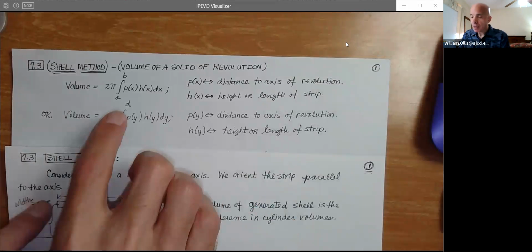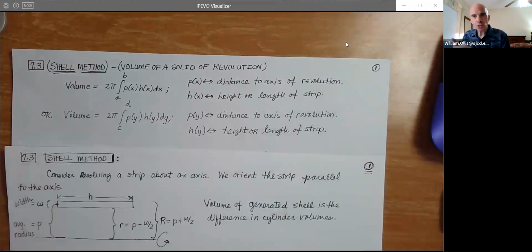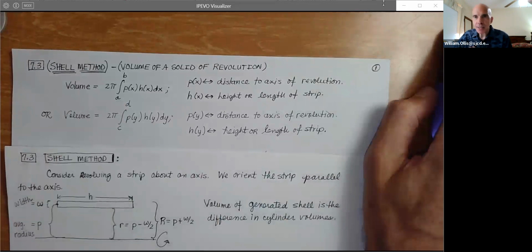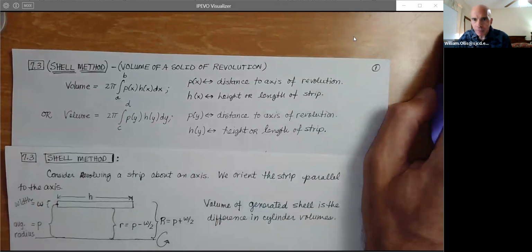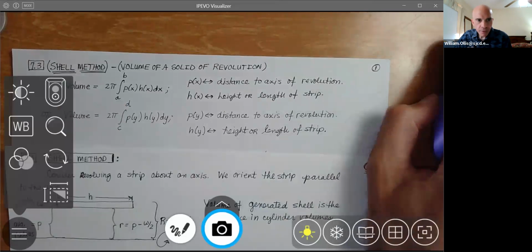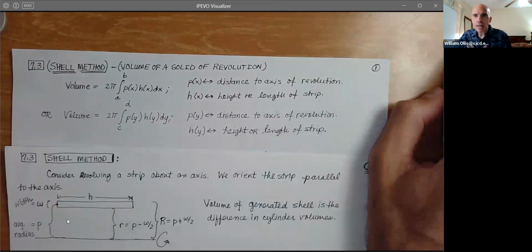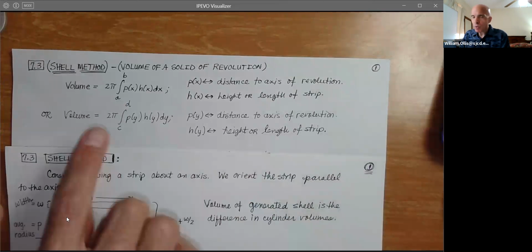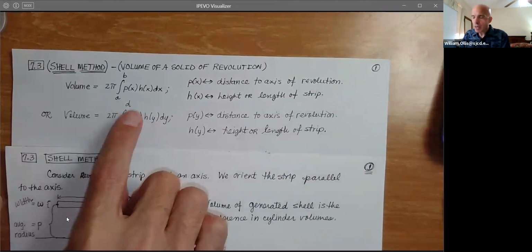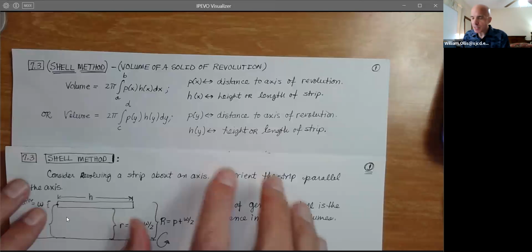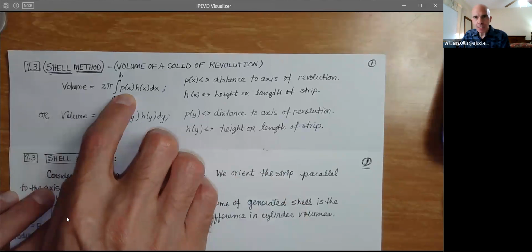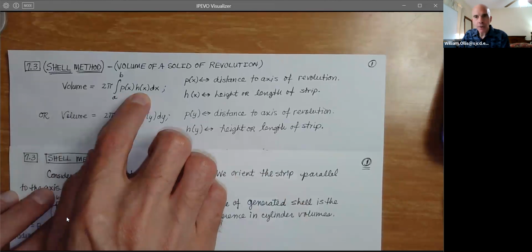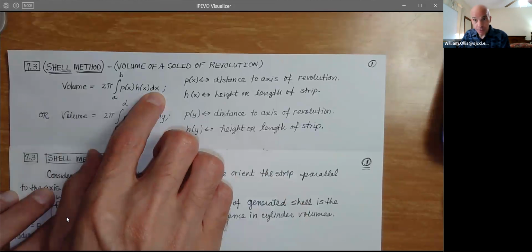For instance, when we do the washer method, let me get rid of this. Now what we see is when we use the shell method, like I said before, very, very different. 2 pi, distance to the axis of revolution, length of the strip, the width of the strip.